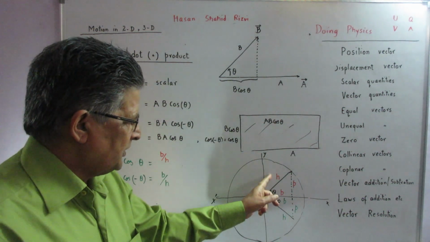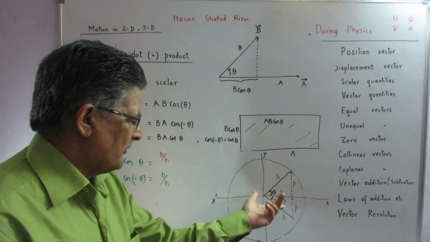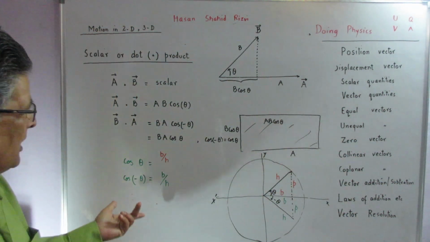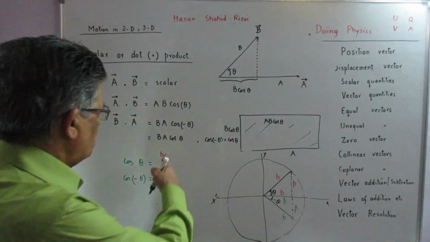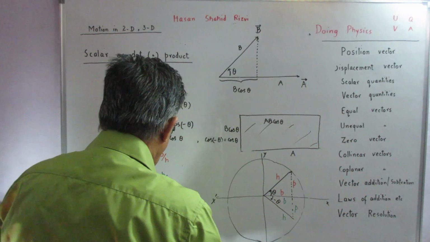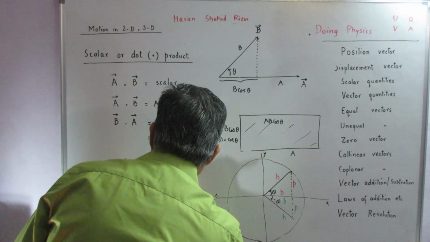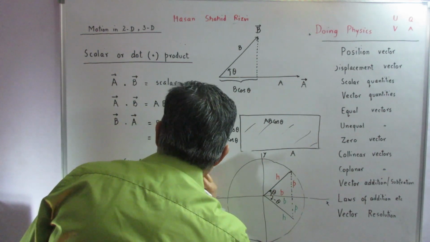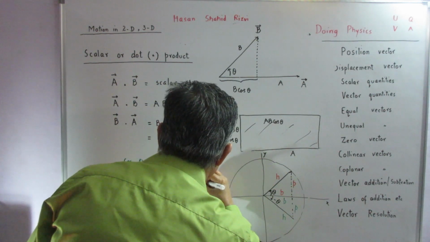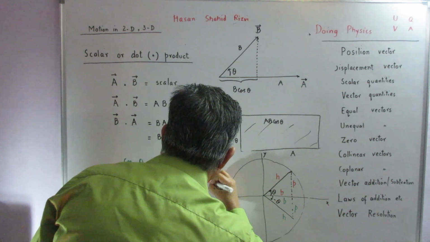This is equal to itself, so obvious. Therefore cos of minus theta is equal to b upon h, which is equal to cos of theta.